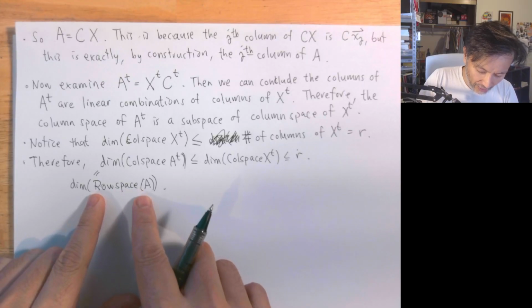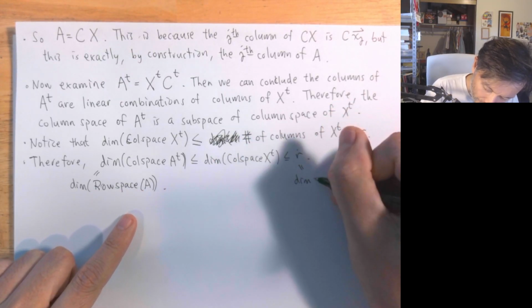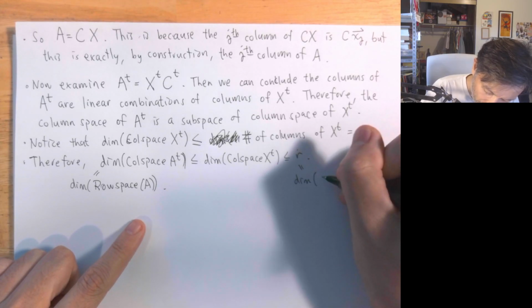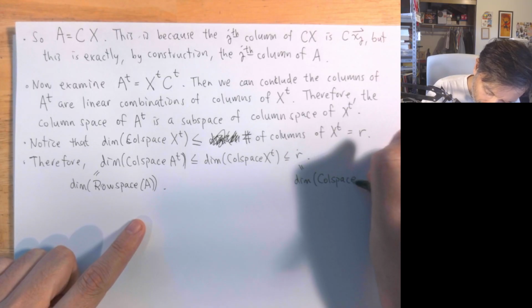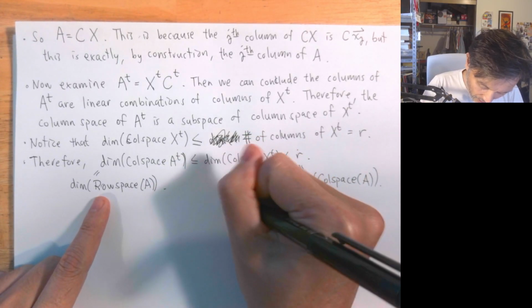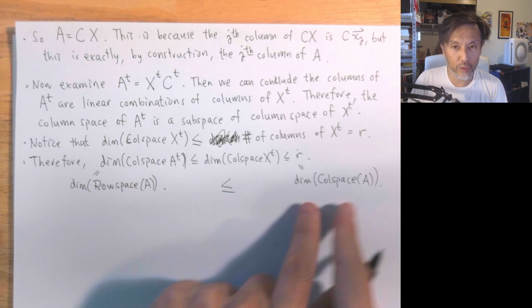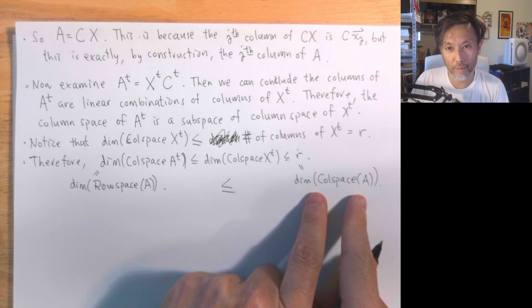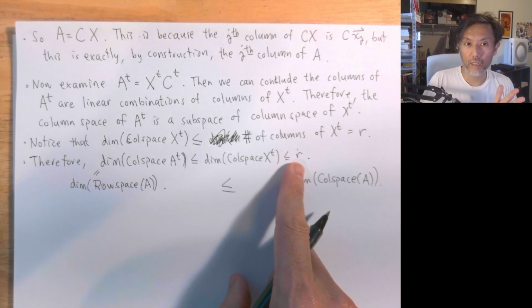Dimension of row space of A, okay? This is less than or equal to the dimension of the column space of A. So now I just want you to look at what we've got. We've got that the dimension of the row space of A is less than or equal to the dimension of the column space of A, where the dimension of the column space of A is R, okay?